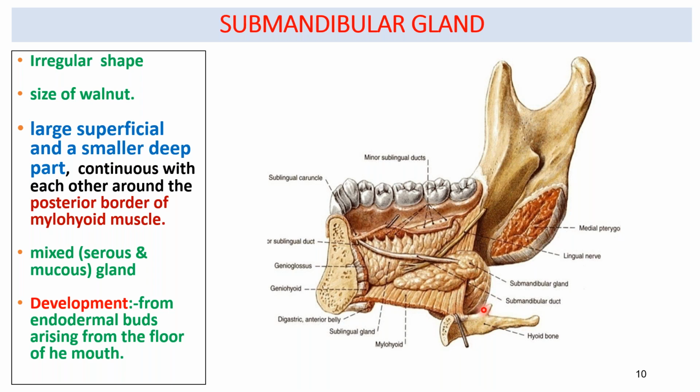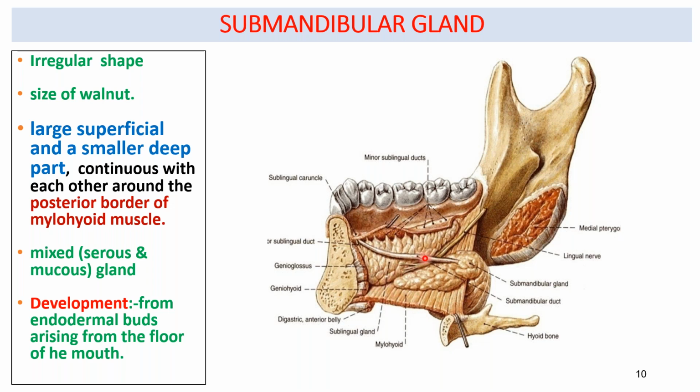It has a larger superficial part and a smaller, deeper part. These are the two portions of the submandibular gland. Both the superficial and the deeper parts are continuous with each other around the posterior border of the mylohyoid muscle. This is the mylohyoid muscle which has been reflected.